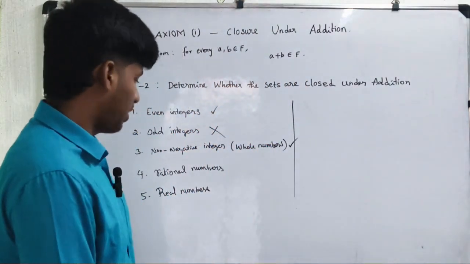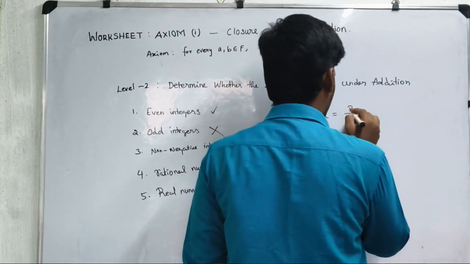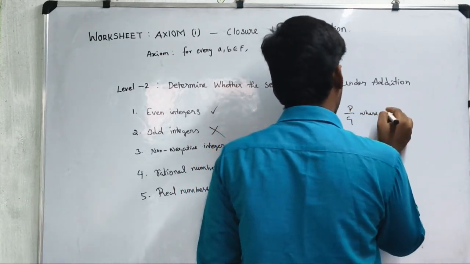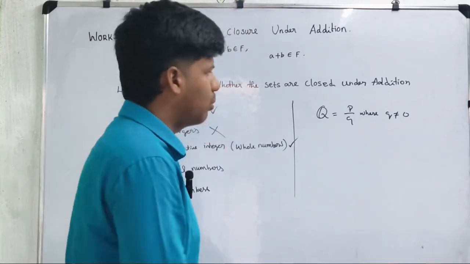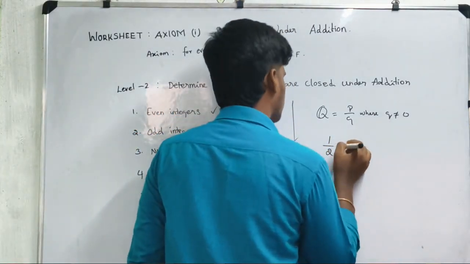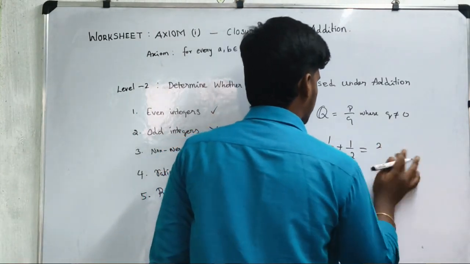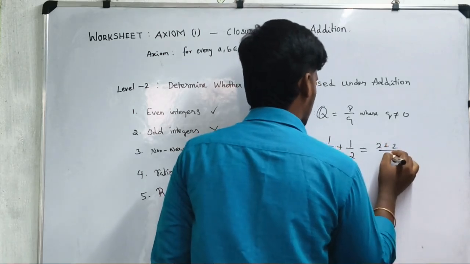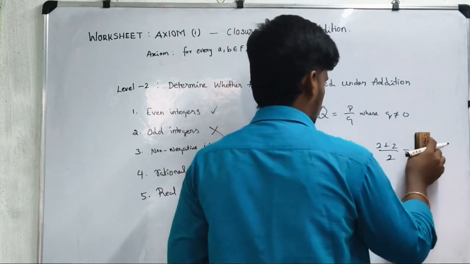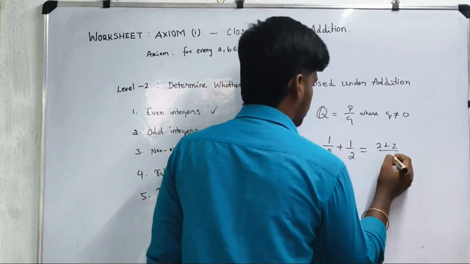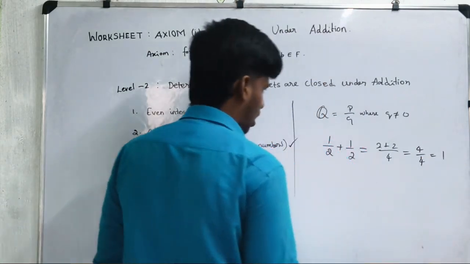Our next one is the rational numbers, Q. They are of the form p by q, where q is not equal to 0. I take two elements, 2 plus 1 by 2. Cross multiplying, the denominator is 4, so we get 4 by 4, which equals 1.